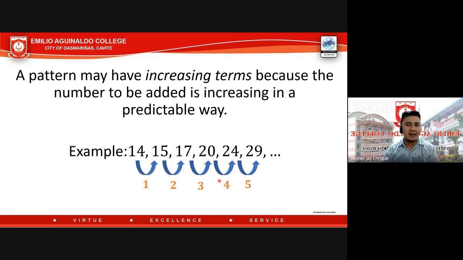So probably the next term will have a difference of 6 with its previous term. That's why we can predict the next term. If we add 6 to 29, we will obtain 35, and maybe the next number after 35 will have a difference of 7. Then that will be 42, and so on.